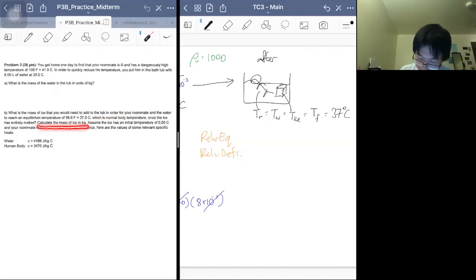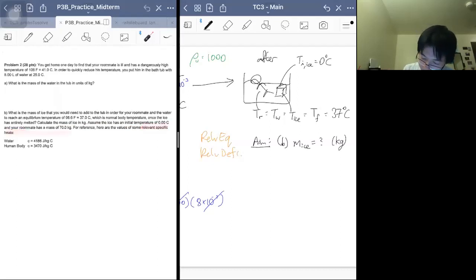Calculate the mass. Okay, so that's my aim. Part B. Mass of ice in kilograms. So mass of ice equals question mark, brackets, I want it in kilograms. That's all I need. Let's finish the sentence, assuming that initially T initial of ice is 0 degrees.